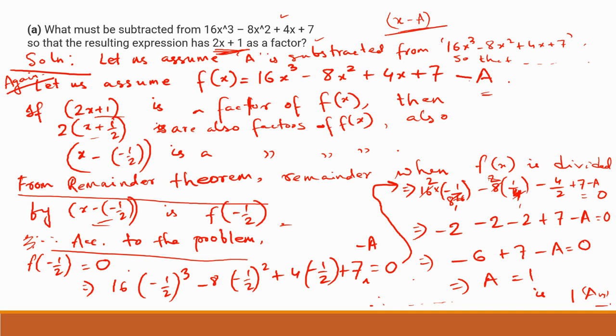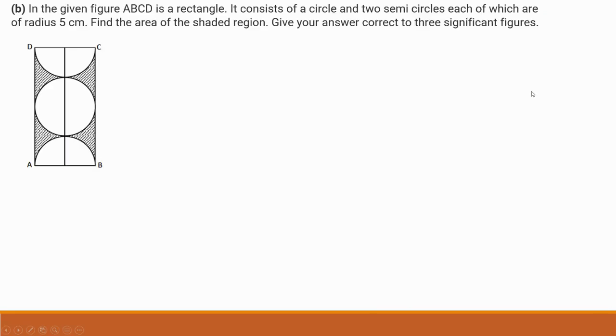And from there, we said since this is a factor, then this remainder f of a should be 0, right? We calculated it, and from this equation we found what a should be, we found it as 1. Okay, hope this is clear to you guys.